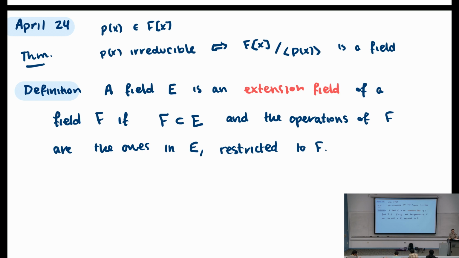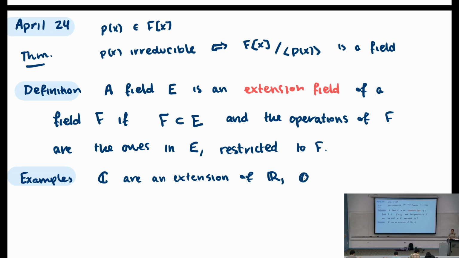Okay, so some examples using fields that we have seen. So the complex numbers are an extension field of the real numbers. They're also an extension of the rational numbers.